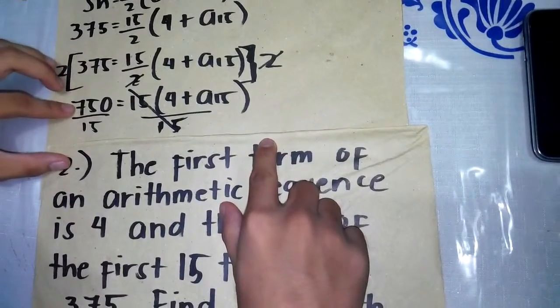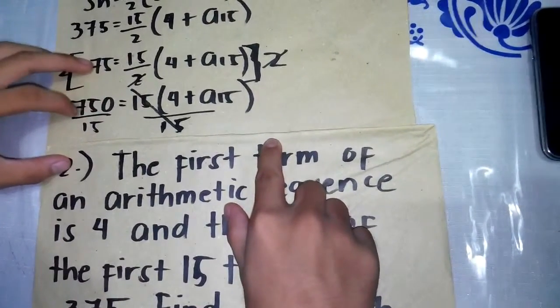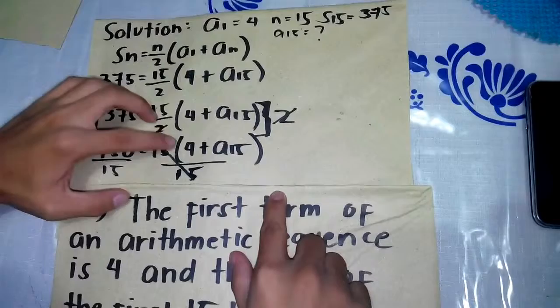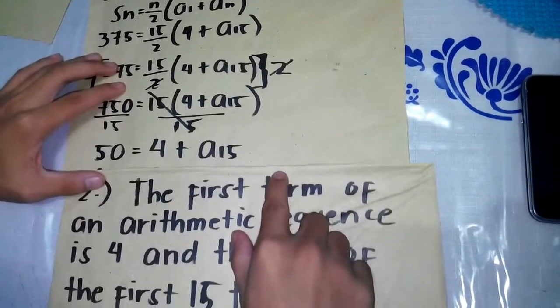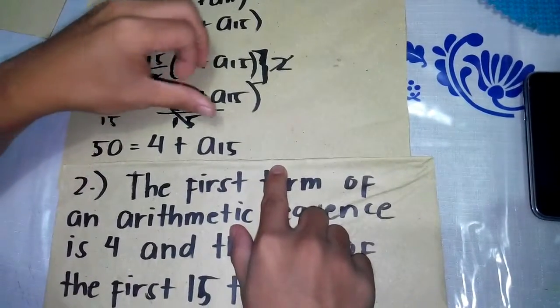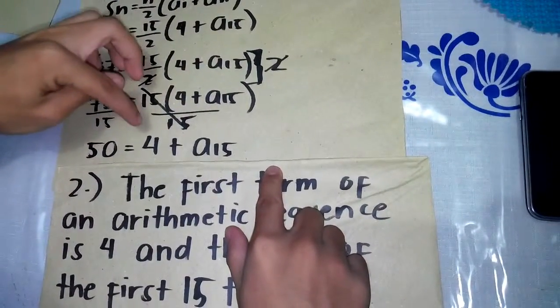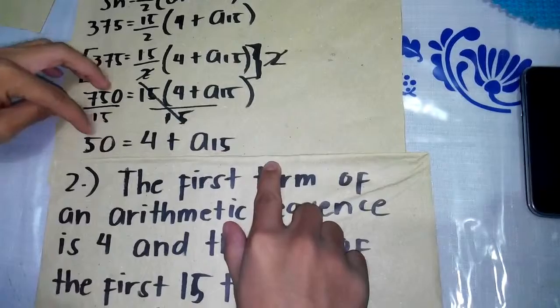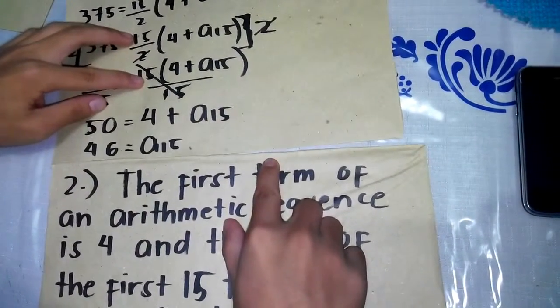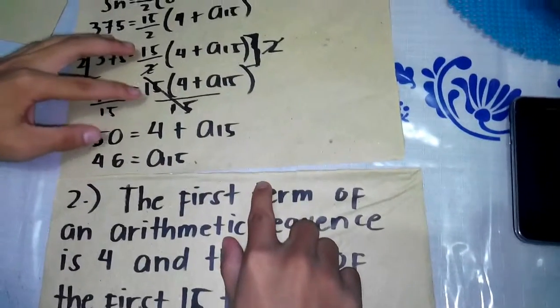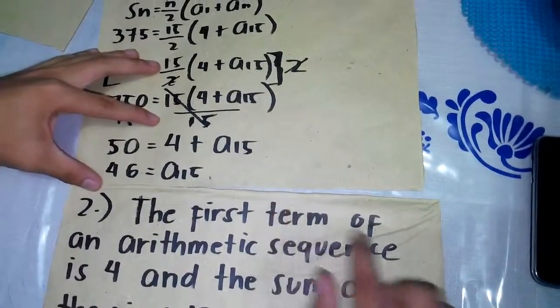So it's going to be 750 divided by 15 is equal to 4 plus a sub 15. So to isolate a sub 15, we are going to transpose 4 to the left side. So 50 minus 4 is equal to 46. Therefore, a sub 15 is equal to 46.